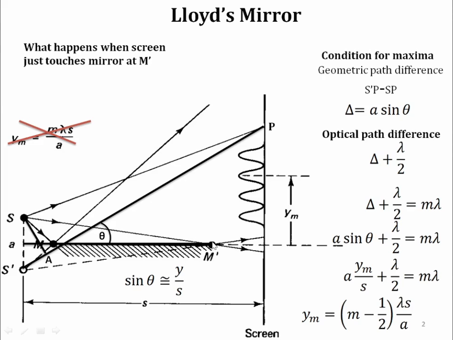Now one wave has no sudden phase change because it has not been reflected. The other one has a sudden phase change of pi, means path difference of lambda by 2. So when they superpose, they will lead to cancellation of their amplitude, and overall what you will obtain on the screen will be a minima.